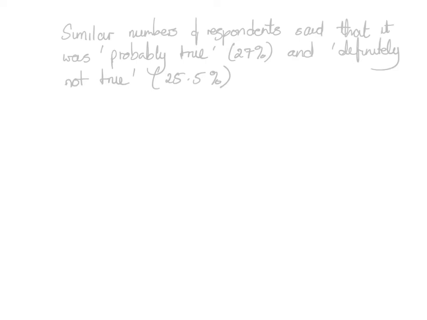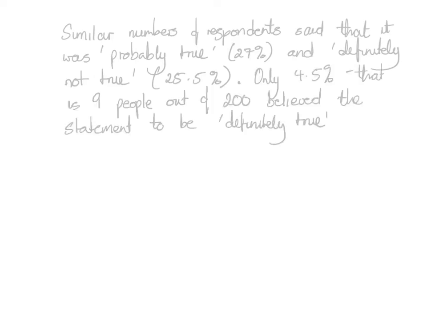To finish off, we can see that very few people definitely thought it was true. In fact, only 4.5% thought it was true. So I've written only 4.5%, that is, only 9 people out of 200 believe the statement to be definitely true.